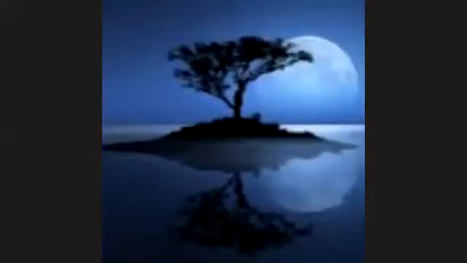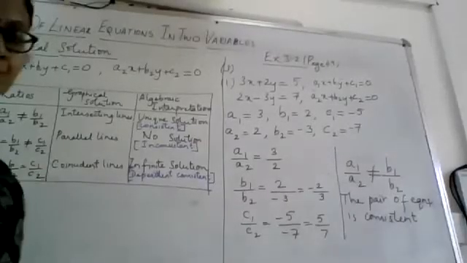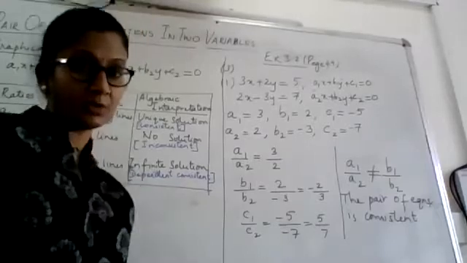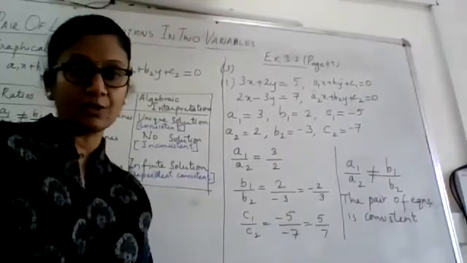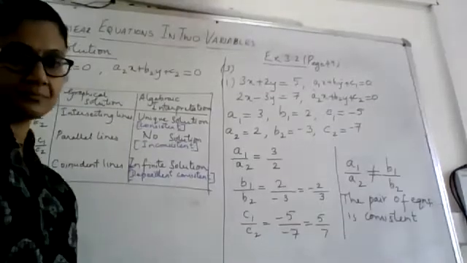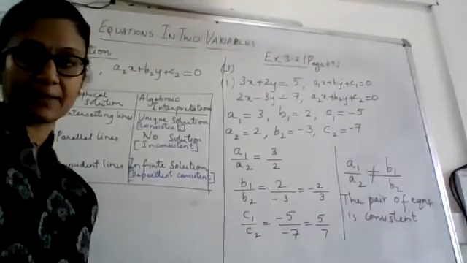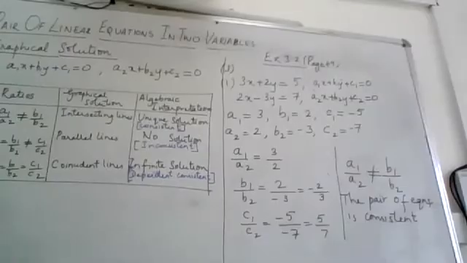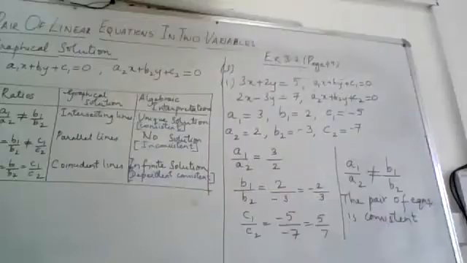Ma'am, A1 by A2 is equal to B1 by B2. But it is not equal to C1 by C2? Then only you can say it is inconsistent. Are you getting an inconsistent pair of equations? All this is going to be your 1 mark. Don't take it very easily.